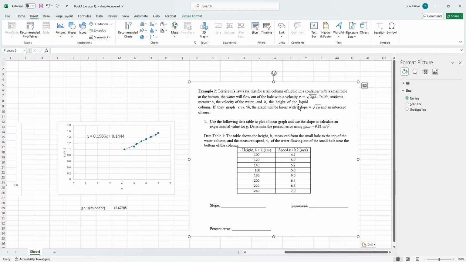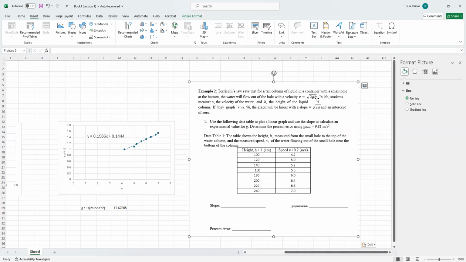It's exactly what we have here. v will be like y, so the speed will be the dependent variable, and the square root of h will be the independent variable, like x.